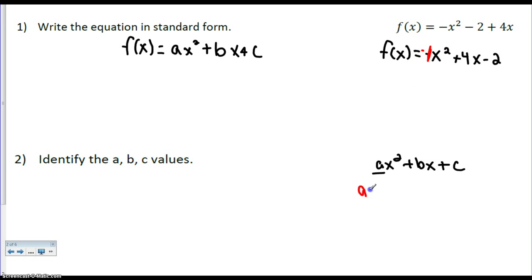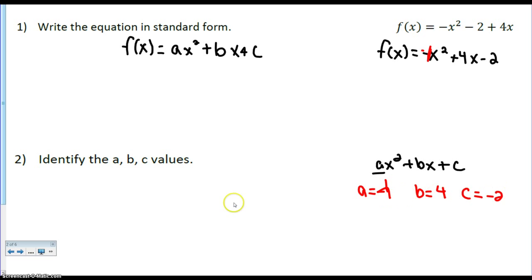So that means a is negative 1, okay, because that's what's in front of the x squared. B is what's in front of x. So my b value is 4. And then my c value is negative 2. So we found out what a, b, and c are.